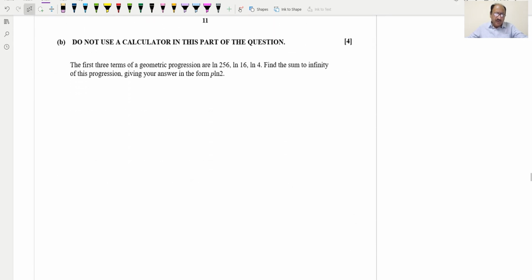Now for part B, the special instruction is do not use a calculator in this part of the question, and this is a 4-mark part. The first three terms of a geometric progression are given. Find the sum to infinity of this progression, giving your answer in the form p log 2.